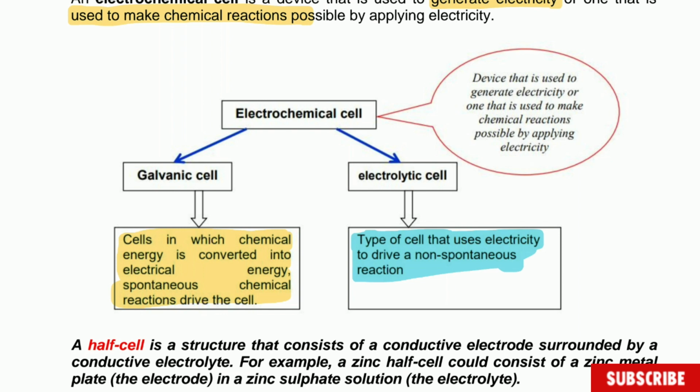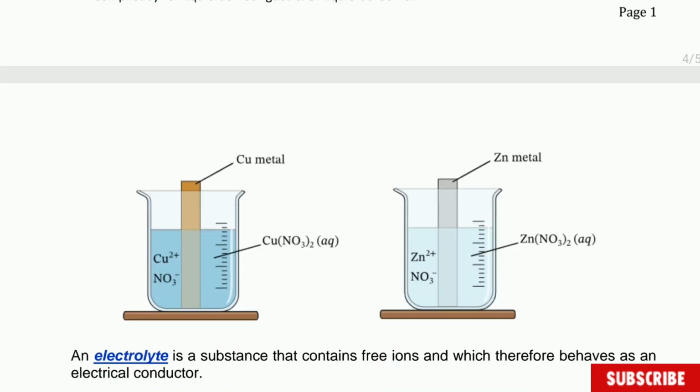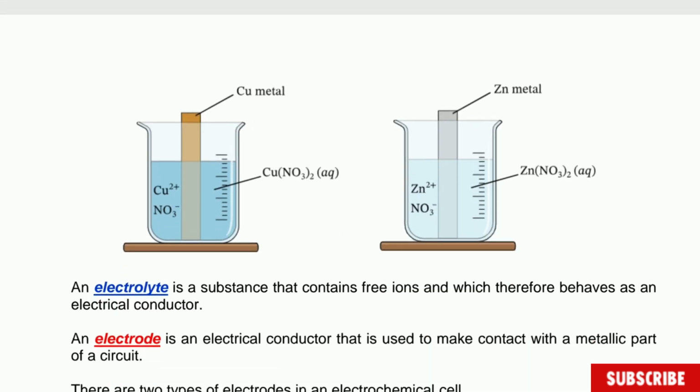Then we're going to go to another very important definition, a half cell. A half cell is a structure that consists of a conductive electrode surrounded by conductive electrolyte. Let's see how a half cell looks.